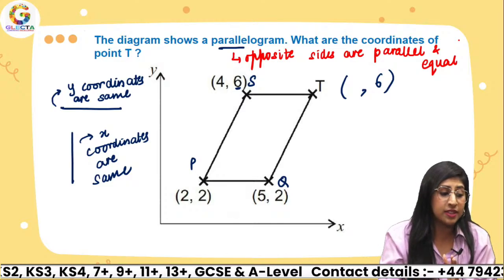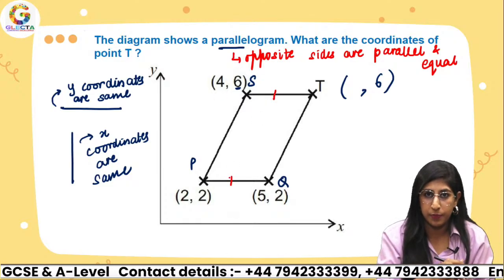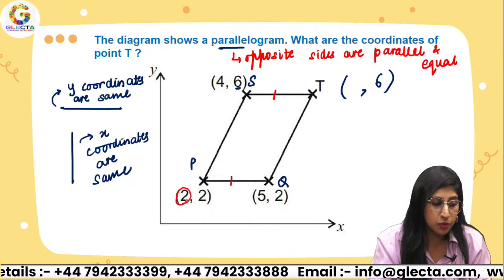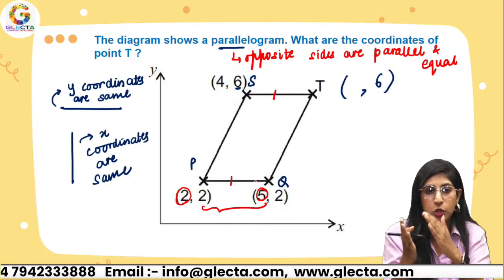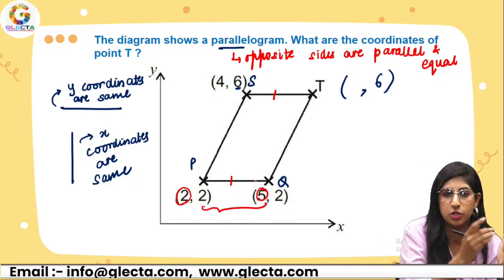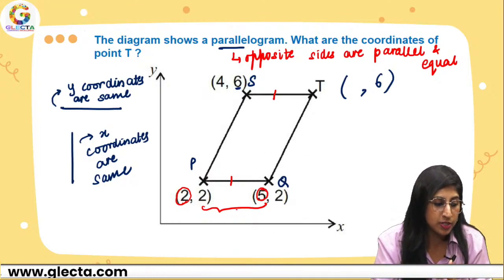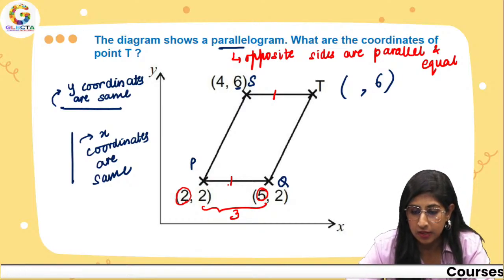And if I'm saying that this length ST is same as PQ, what is the length of PQ? It is starting from 2 and going till 5. So that means the length of this PQ would be simply 5 minus 2. That is the difference between them. 5 minus 2 is 3, right? Over here, I can see that you're giving me the comments.